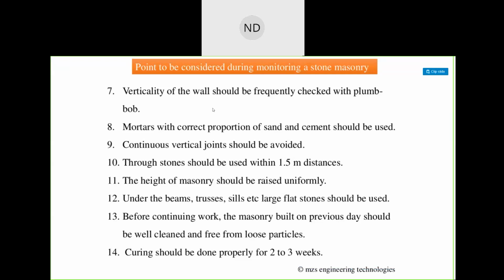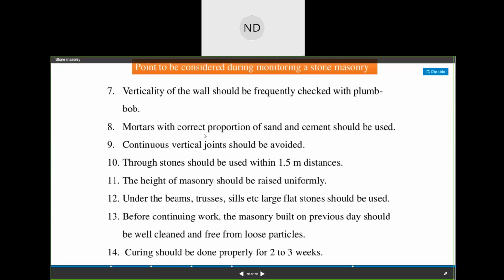Next, mortar with the correct proportion of sand and cement should be used, as we know. Continuous vertical joints should be avoided. Then we have through stones, which should be used within 1.5 meter distances. The height of masonry should be raised uniformly.